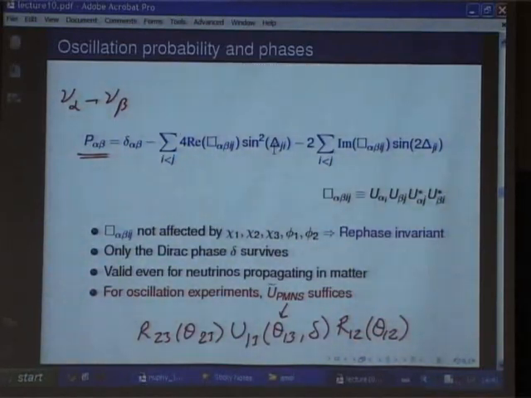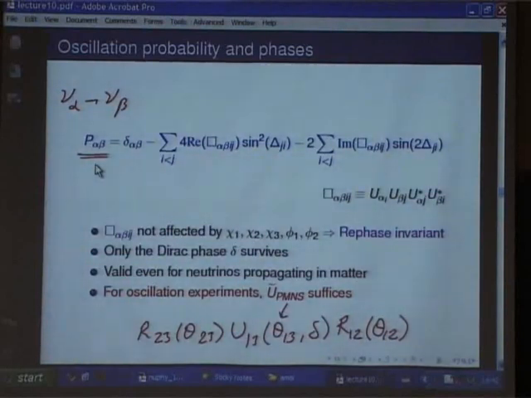Then, if you know all the masses and energy, you can calculate this delta. Delta m square L over 4E, so you can put in delta. Which means given the UPMNS matrix and the delta m squares, you can in principle calculate the value of the probability. So this is very standard, except that this is true only in vacuum.